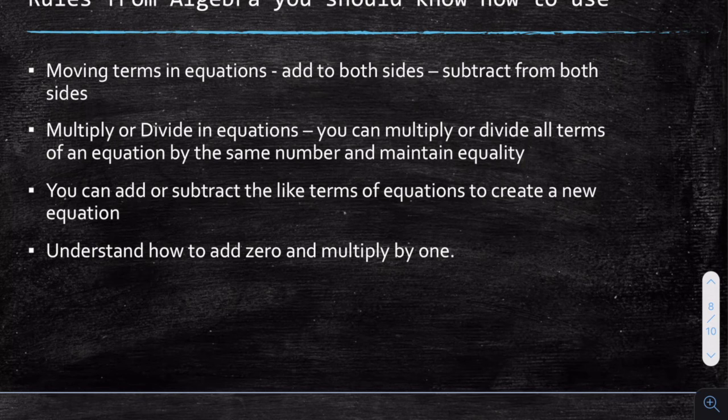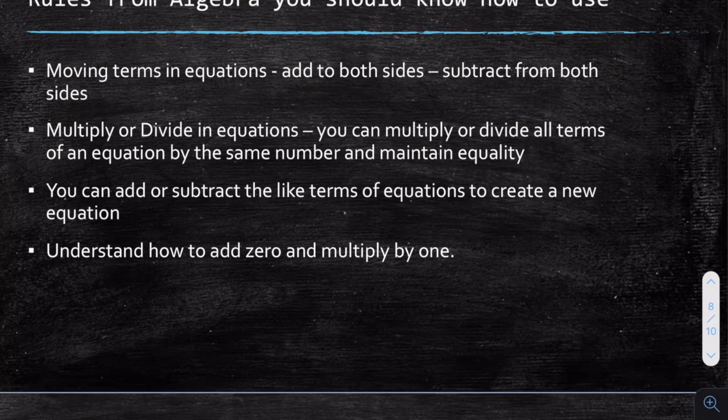You can multiply or divide in equations. You can multiply or divide all the terms of an equation by the same number and maintain equality. And you've seen how we can flatten out fractions, or we can shrink a coefficient to 1 by dividing by that coefficient, and things like that, and it maintains an equality.